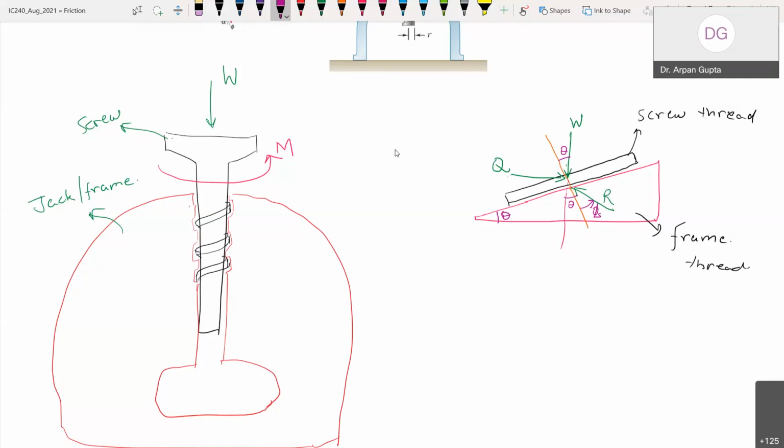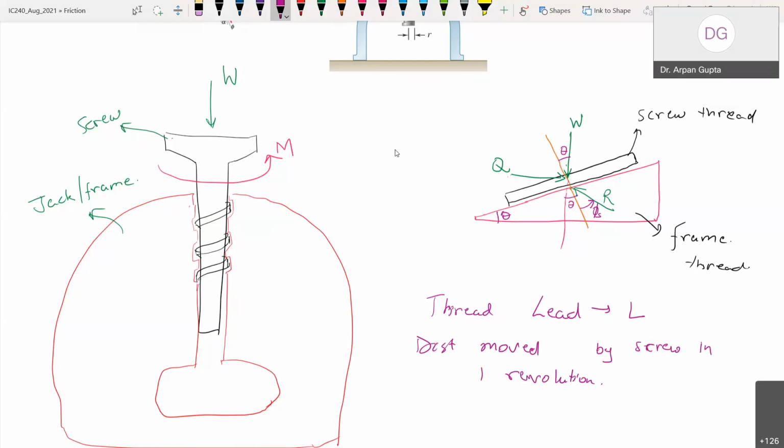So theta is basically, we have unwrapped the thread. If I say that the threads have what is called the lead L, the lead is basically the distance moved by the screw in one revolution.